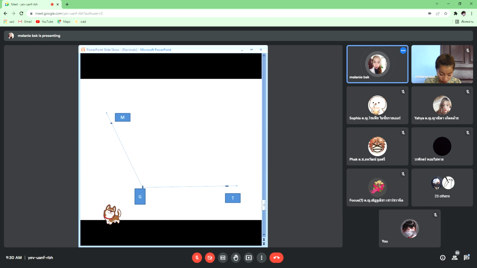Reflex angle. An angle greater than 180 degrees and less than 360 degrees. That is a reflex angle.